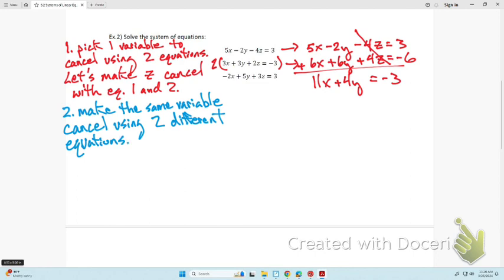So we're going to make z cancel again, only I'm going to use equation 2 and 3. So I'm looking at the 2z and the 3z, and I know that they have a common multiple of 6.